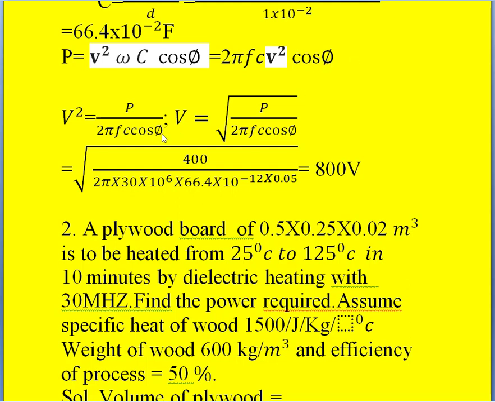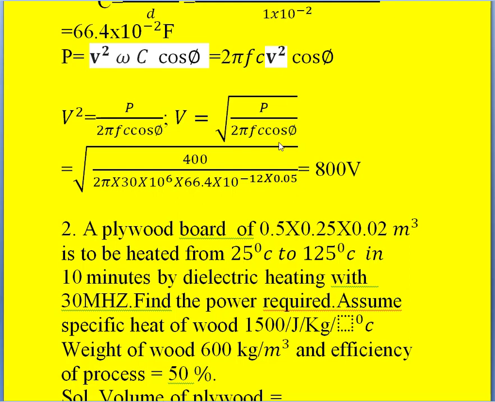Because the question asks what is the applied voltage for getting the power loss of 400 watts, we have to calculate V is equal to square root of P divided by 2 pi f C cos phi. In this problem, the power loss is given, the supply frequency is mentioned, we have calculated the capacitance, and the power factor of the system is also given.